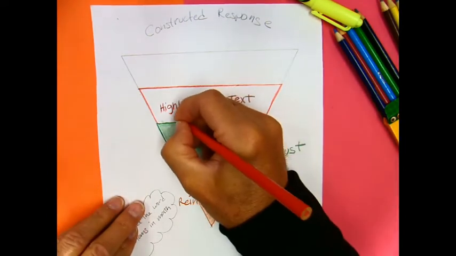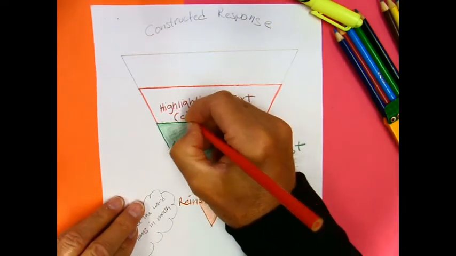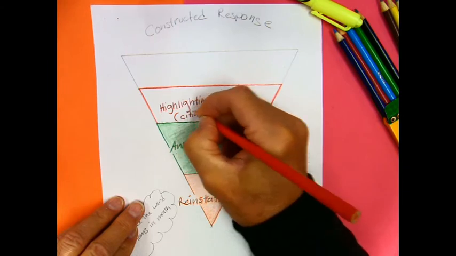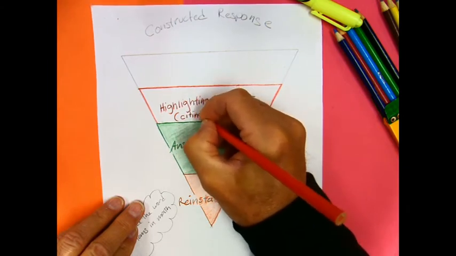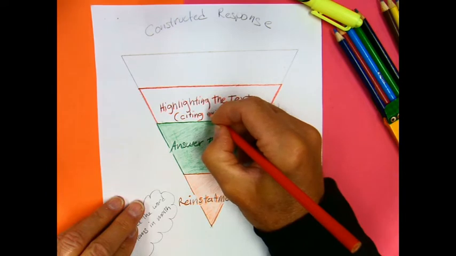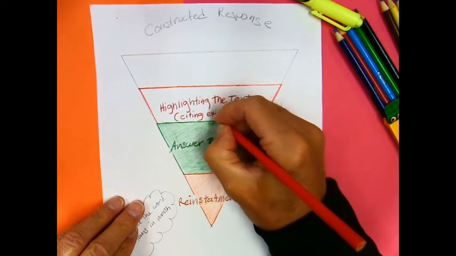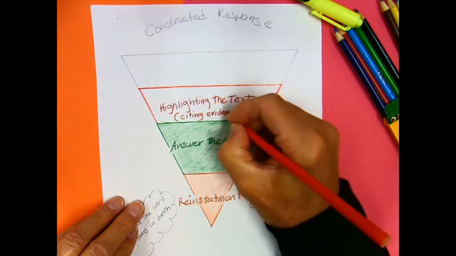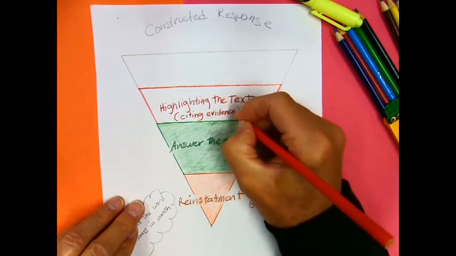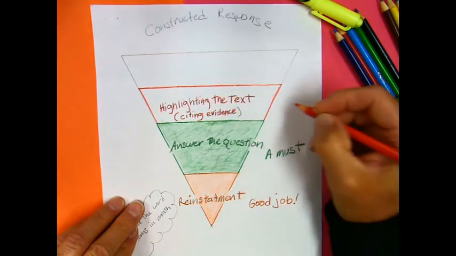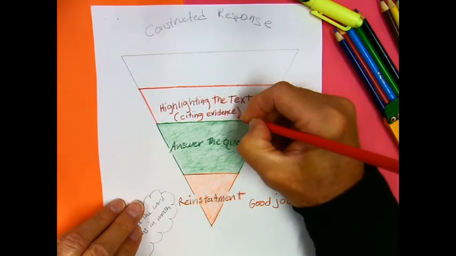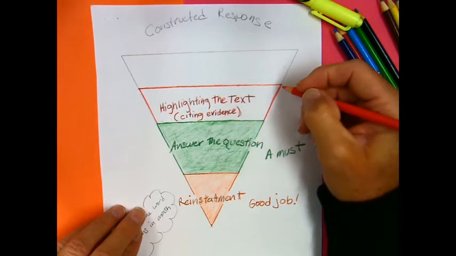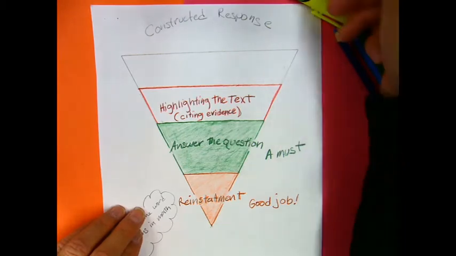So highlighting the text is called citing the evidence. So if you have some spot in your passage that's highlighted and it doesn't answer the question, that's a wrong answer also. So you just can't highlight the text randomly.